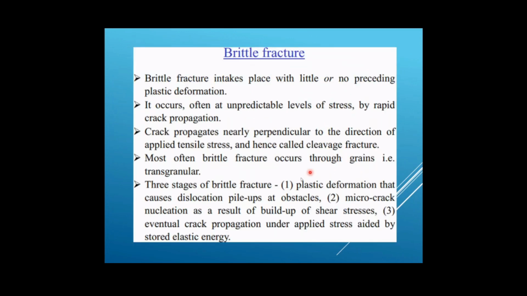The three stages of brittle fracture are: first, plastic deformation that causes dislocation pile ups at obstacles; second, micro crack nucleation as a result of buildup of shear stress; and the final stage is eventual crack propagation under applied stress and aided by stored elastic energy.